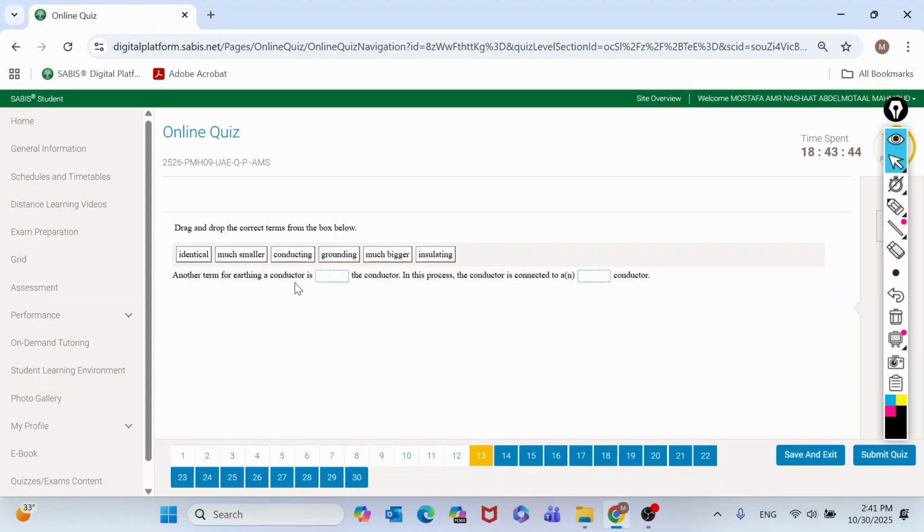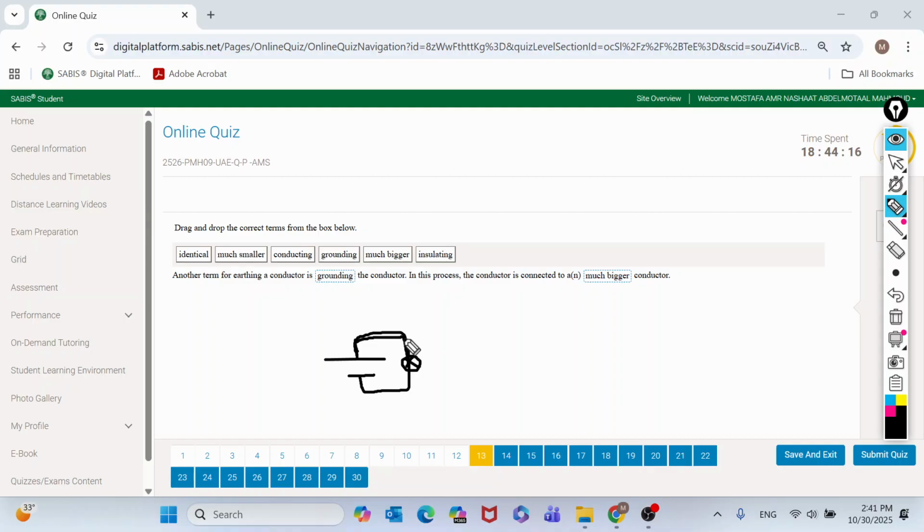Another term for earthing a conductor is grounding. The conductor is connected to a much bigger conductor. Guys, look, earthing or grounding: let's say you have a circuit, just a battery connected to a lamp. So this is a circuit, and there's a charge flowing in it, a current flowing through it.